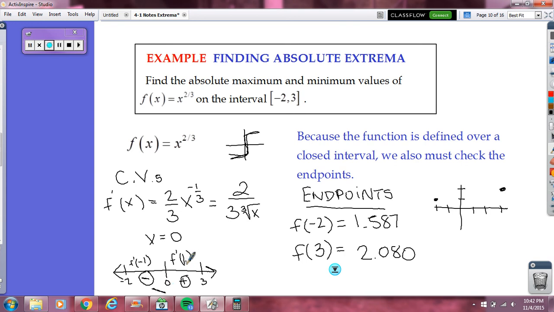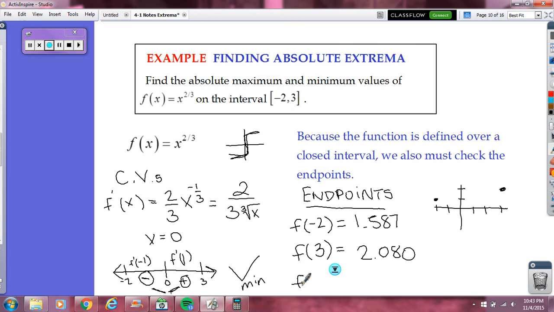If I look at the values on the right of 0, I'm getting positive derivatives, or positive slopes, meaning my function's going up. So I'm going down, then going up. Down and then up, aka a minimum. So that's my way of checking that this critical value is actually potentially a minimum.